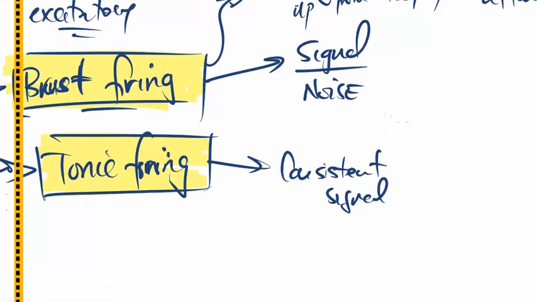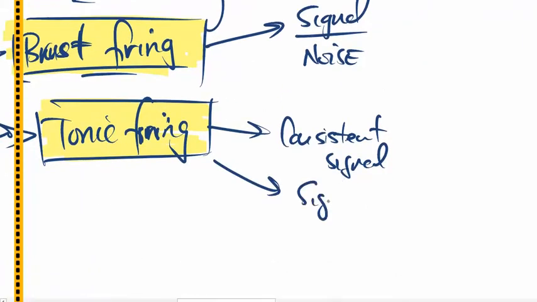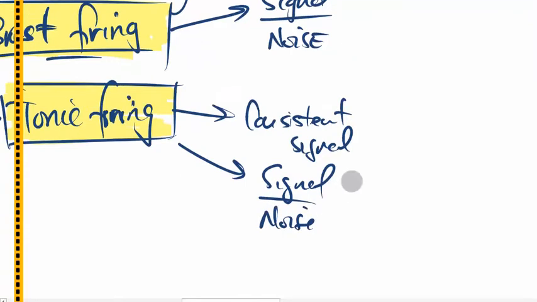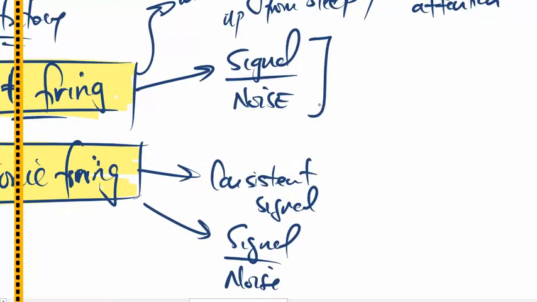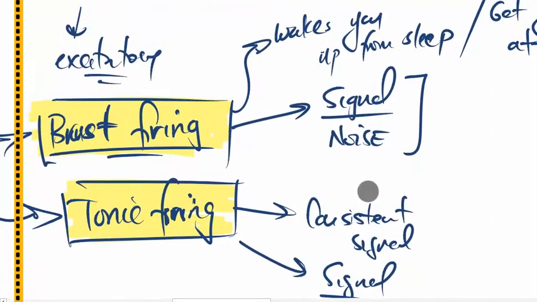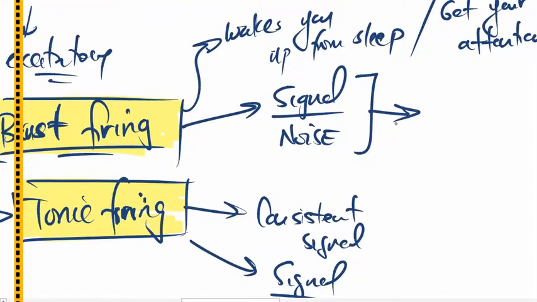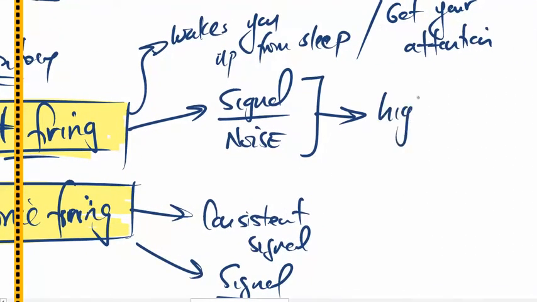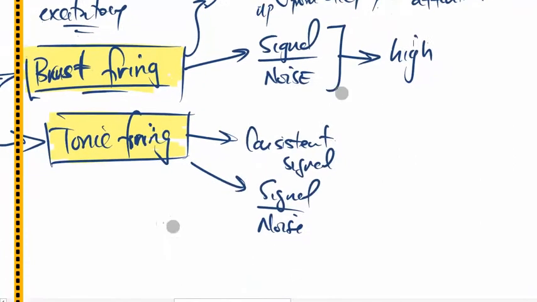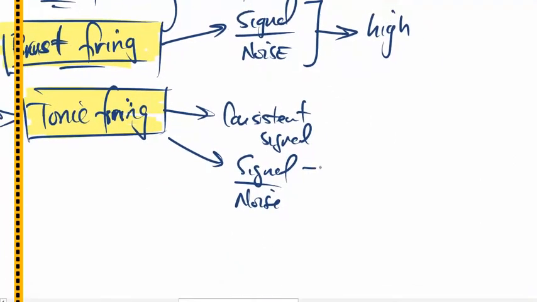So for the burst firing, the signal to noise ratio is going to be high, whereas for the tonic firing, it's going to be low.